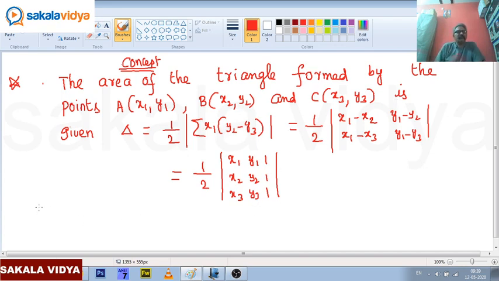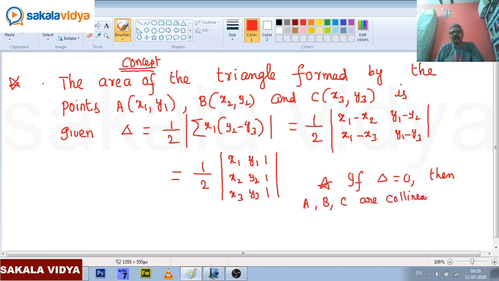One more concept: if delta is equal to 0, then A, B, C are collinear, that is, they lie on a straight line. This concept you remember.